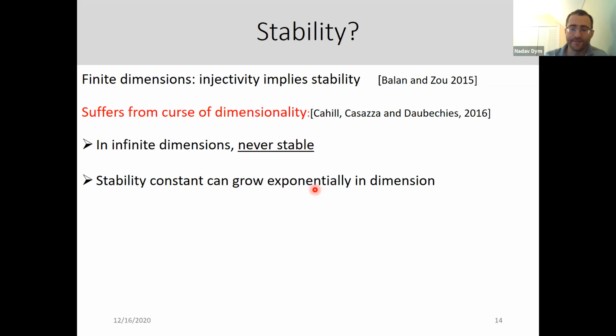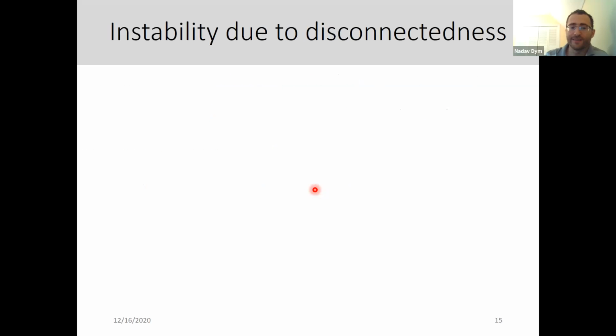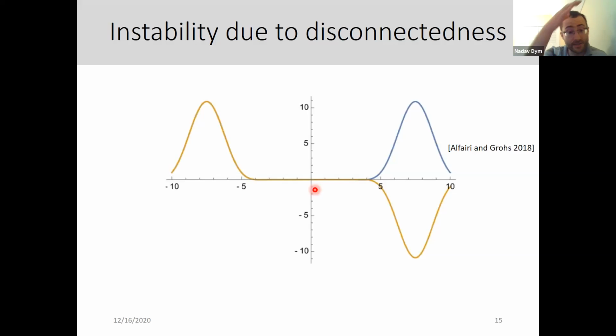Okay, and what are these issues? People observe that these issues are usually due to some sort of disconnectedness. So what does this mean? Here's an example. Say you have a sum of two Gaussians, or the difference between two Gaussians, and they're concentrated far away from each other.